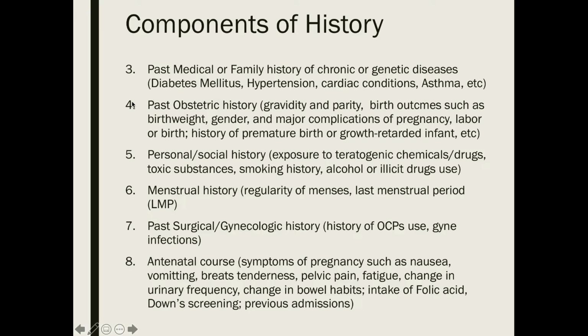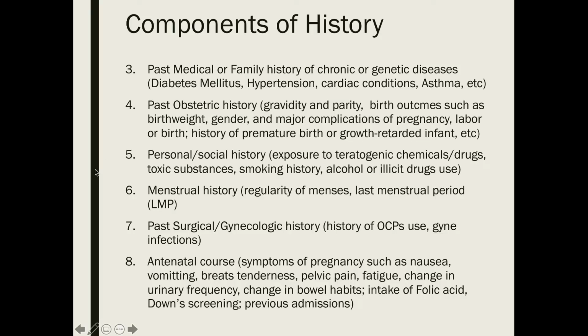For the past medical or family medical history, it is important to note if the patient has a history of chronic or genetic diseases such as diabetes mellitus, hypertension, chronic conditions, asthma, or other diseases. For the past obstetric history, ask the patient about her gravidity and parity, birth outcomes such as birth weight, gender, and major complications of pregnancy, labor or birth, history of premature birth or growth-retarded infant, and so on.